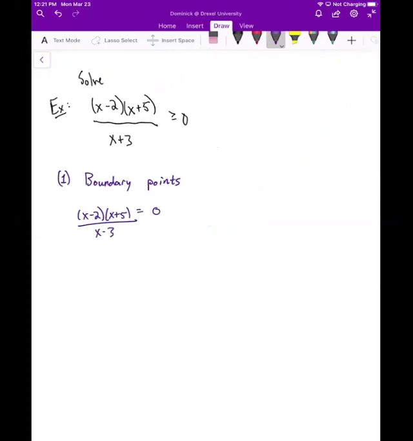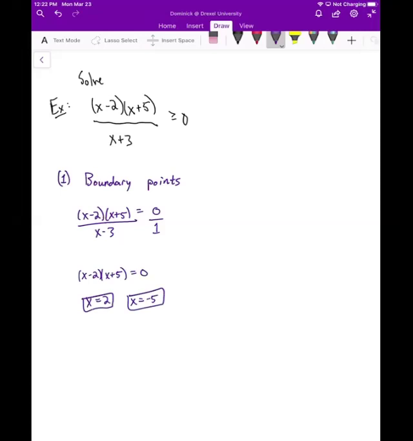And of course, when is a fraction equal to 0? Well, it's when its numerator is equal to 0, or if you like, you can simply cross multiply. Either way you think of it, you're going to get that x minus 2 times x plus 5 is equal to 0, which gives you x is equal to 2 and x is equal to -5.